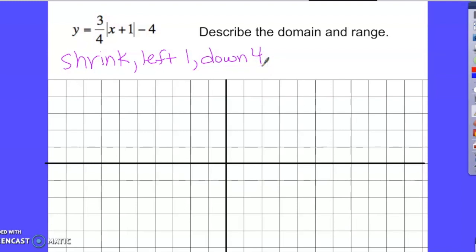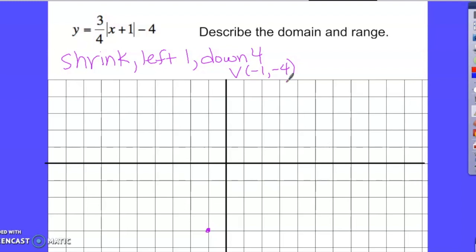So then we are going to use the left 1 and down 4 to find our vertex. If you start at 0, 0 and you go left 1 and down 4, where would you end up? So our vertex should be at -1, -4, because you went left 1 and down 4. We are going to next use our slope of 3/4.